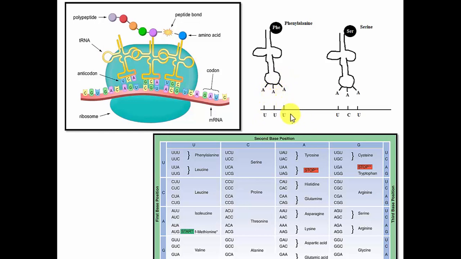So wherever I have UUU, I need a transfer RNA that says AAA. If that transfer RNA says AAA, these two will match up and link together during protein synthesis. From there, that sequence has to be specific to the amino acid phenylalanine. If I have a different amino acid there, then this message doesn't mean anything. If I have UUU and AAA, but this carries the amino acid for serine or glutamine or histidine, then it doesn't mean anything.